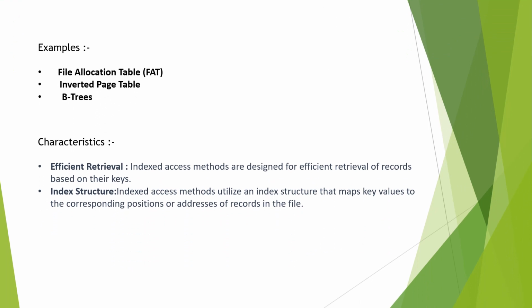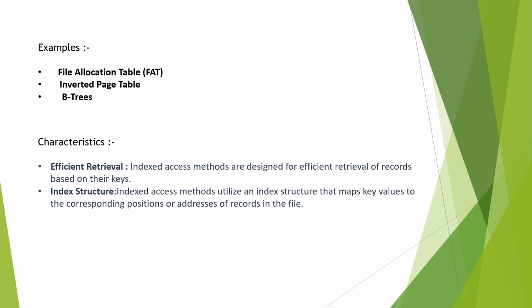Examples for indexed access method: file allocation table, inverted page table, B trees. Coming to the characteristics, efficient retrieval. Indexed access methods are designed for efficient retrieval of records based on their keys. By using the keys or indexes of a record, we can easily retrieve that record. And then index structure.